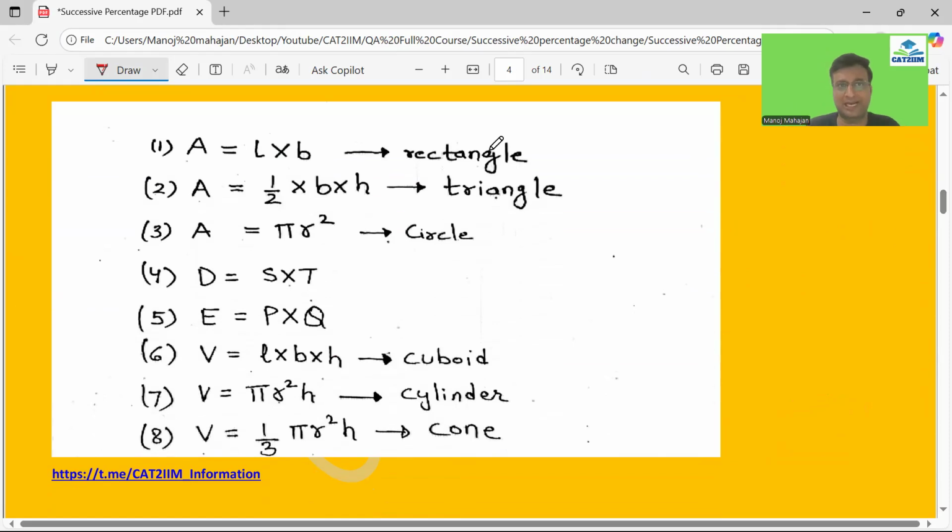So area of the rectangle, length into breadth, area of triangle, half base into height, area of circle, pi r square, distance, speed into time, expenditure, price into quantity, volume of cuboid, length into breadth into height, volume of cylinder, pi r square h, volume of cone is 1 by 3 pi r square h. So we are going to apply the A plus B plus AB by 100 in such quantities.